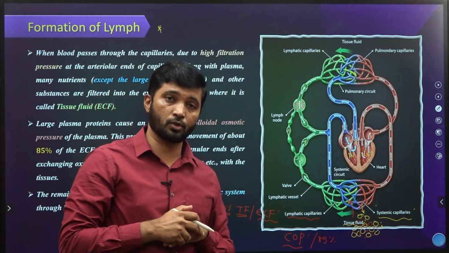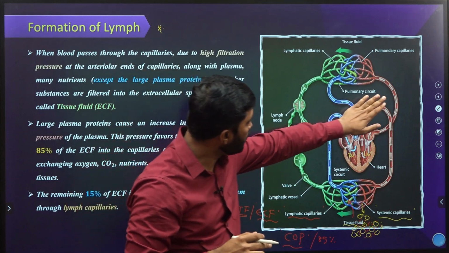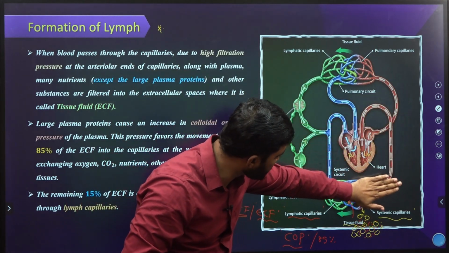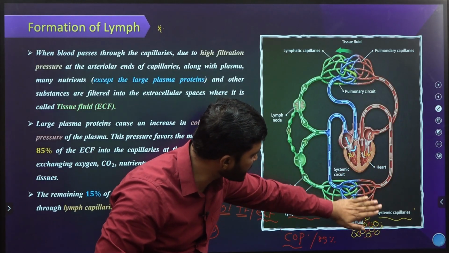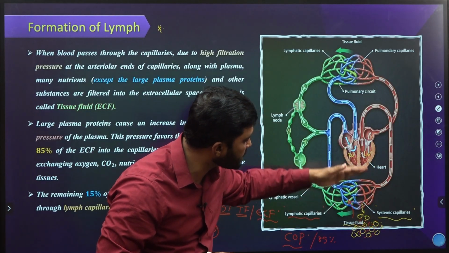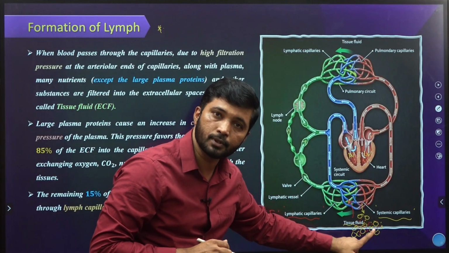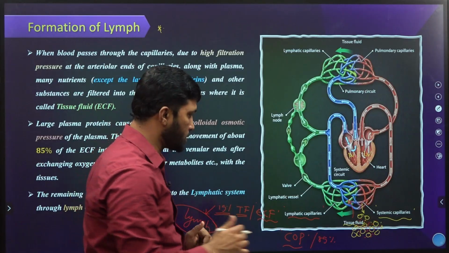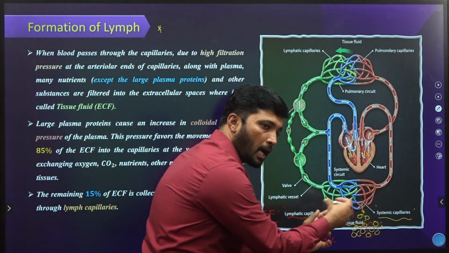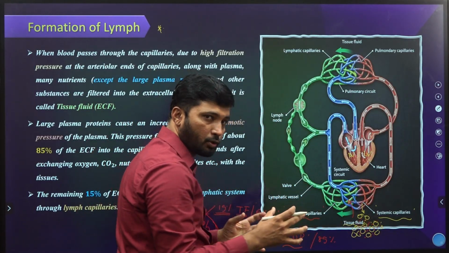This is the formation of the lymph. So, after transportation of oxygenated blood towards the systemic capillaries, the plasma, except large proteins, filters into the tissues, that is tissue fluid, which the cells utilize for cellular activities.